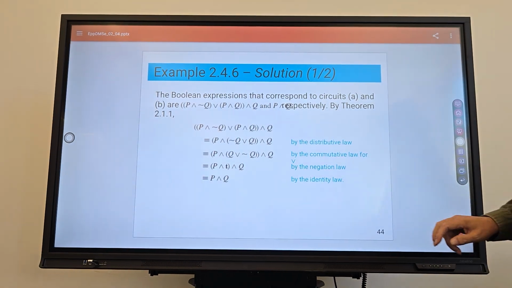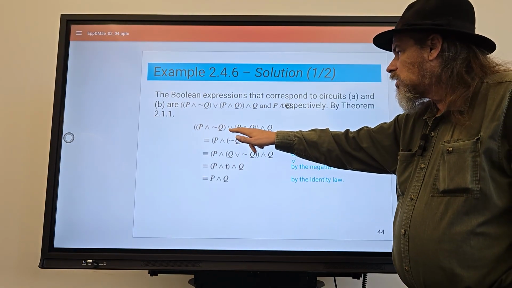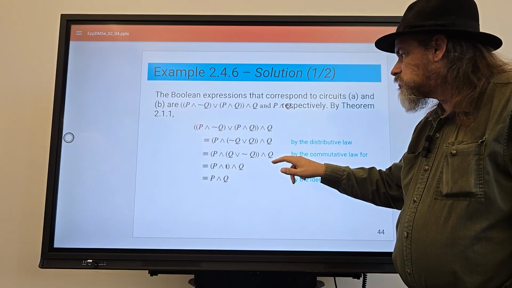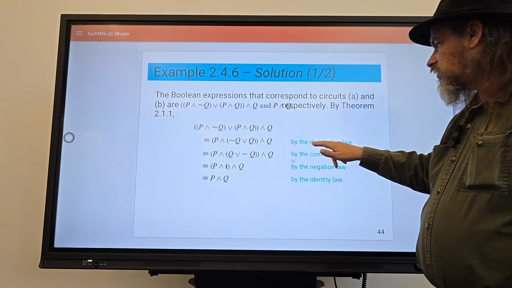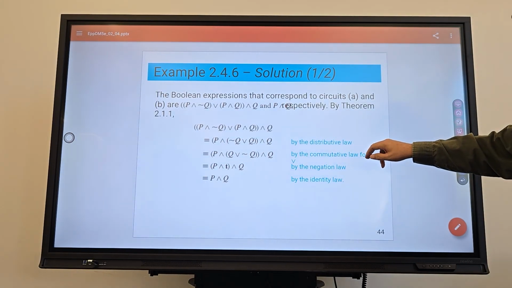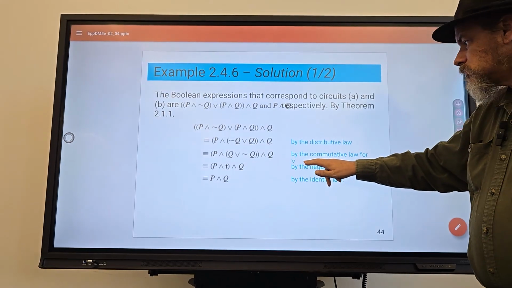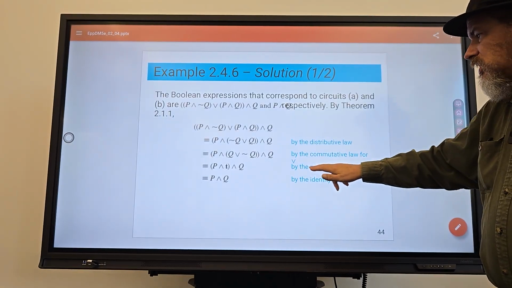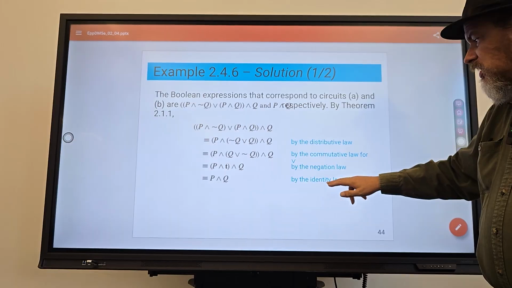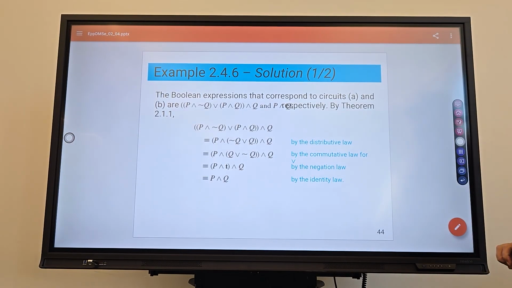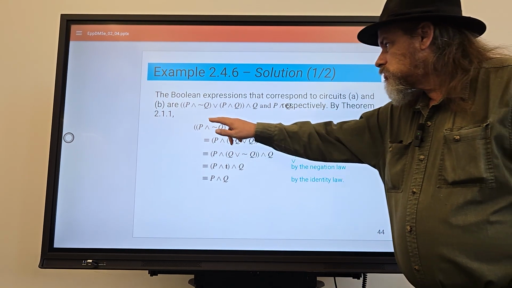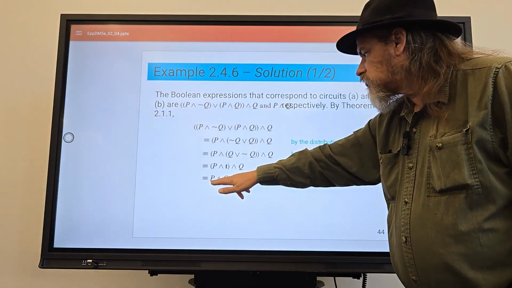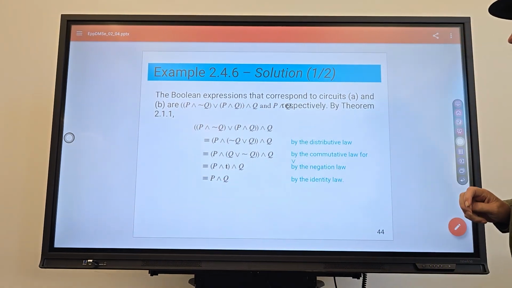So you have this statement and this statement. You can use the distributive law, commutative law, the negation law, and then the identity law to simplify the expression from the mess up here to this simple P and Q down below.